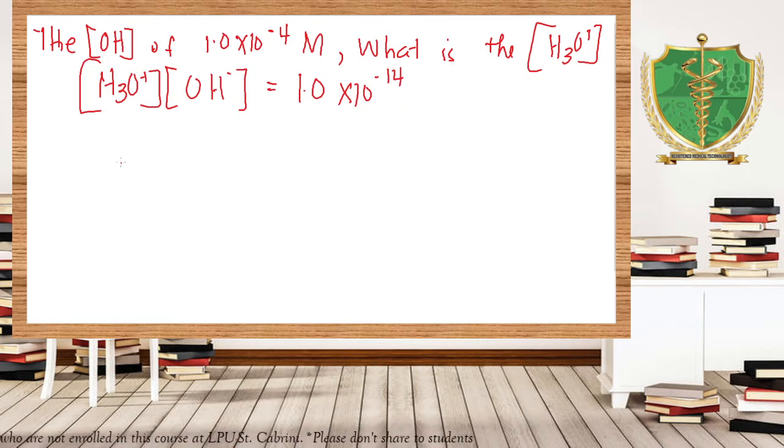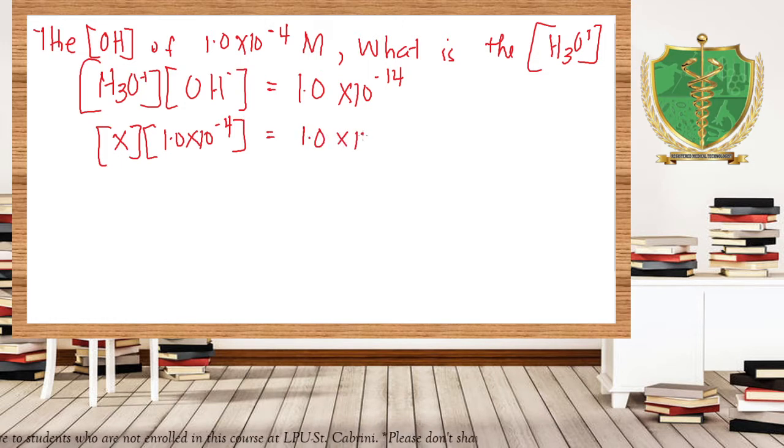We are looking for hydronium, so let's represent it as X. X multiplied by the hydroxide, 1.0 times 10 raised to negative 4, is equal to 1.0 times 10 raised to negative 14.